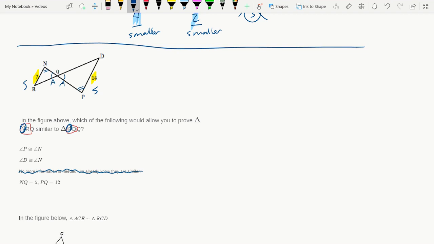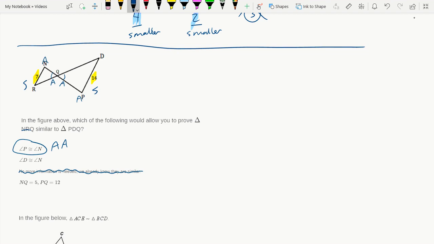And right away, I've got angle, angle. Once I've got angle, angle, then that one works. Now, theoretically, they're trying to prove, so this is where it gets a little bit hairy.